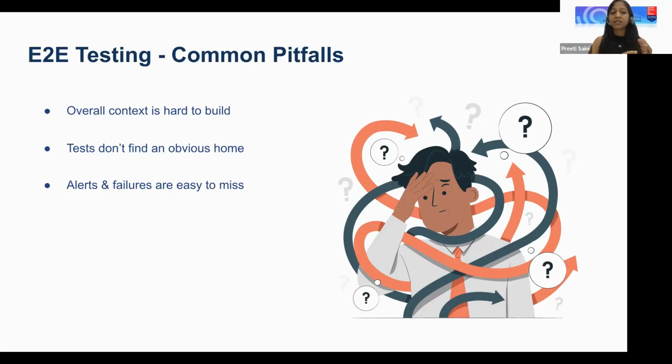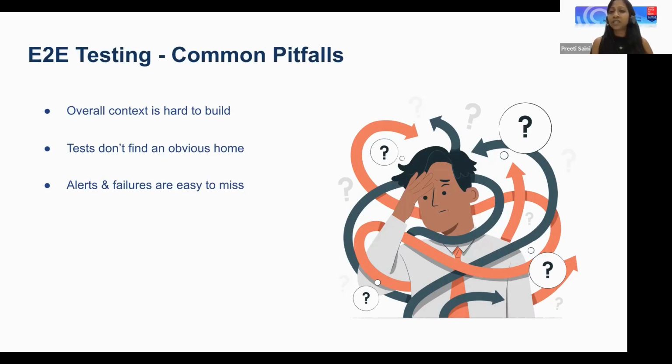The next is, if these end-to-end tests fail, because they run in a staging environment where you use all the real dependencies, it's hard to identify because of which service the failure happens, which service to look at, and where to apply the fixes.